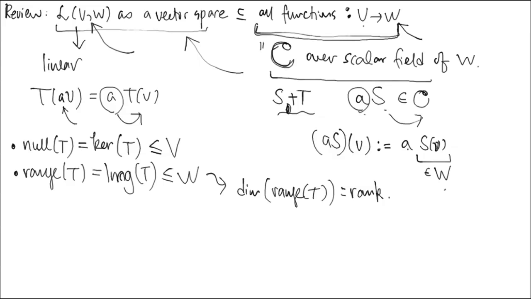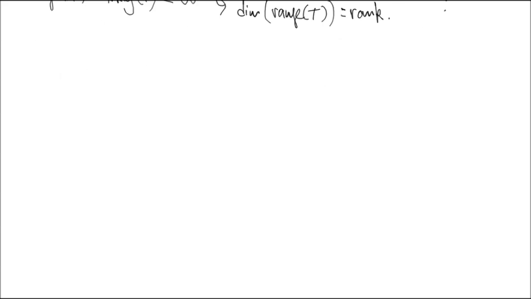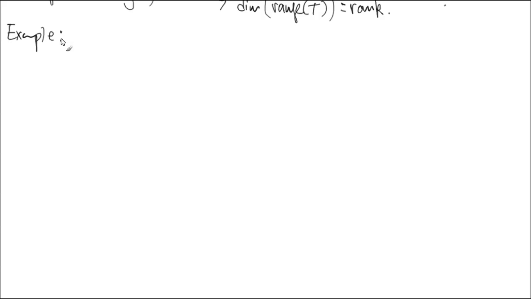So here's one example I'd like to go through. I have one vector space, V, that is spanned by some 5 vectors, just like in the example, and the dimension of V is 5.